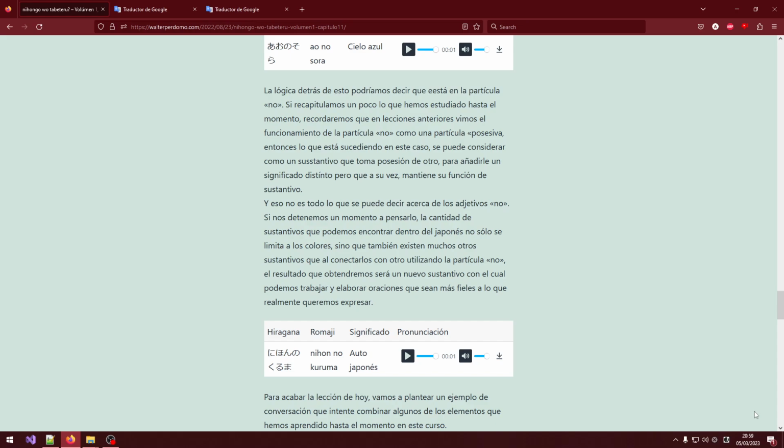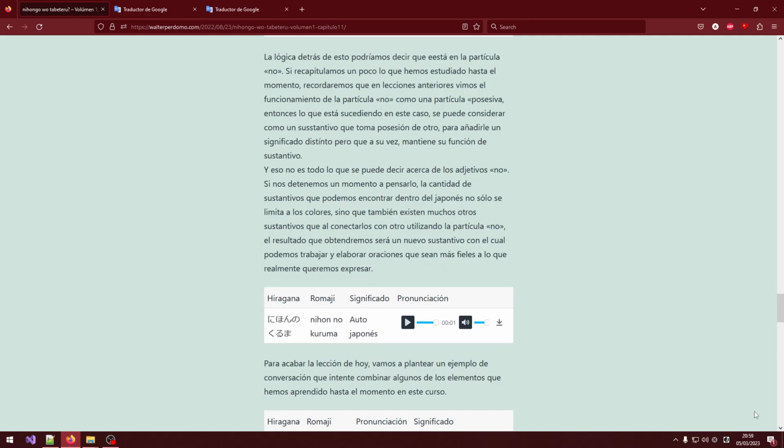Nihon no kuruma by itself is another noun, Japanese car, and the fact that it is a noun allows us to use it to build, let's call them, interesting sentences.